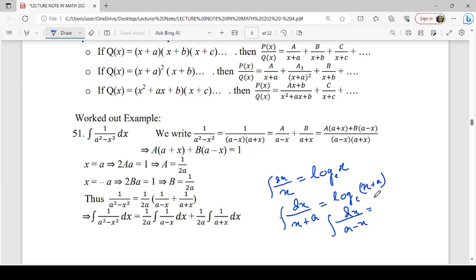Because a minus x is z, minus dx equals dz. So dx is minus dz, so this is minus dz by z, which gives minus log of z.